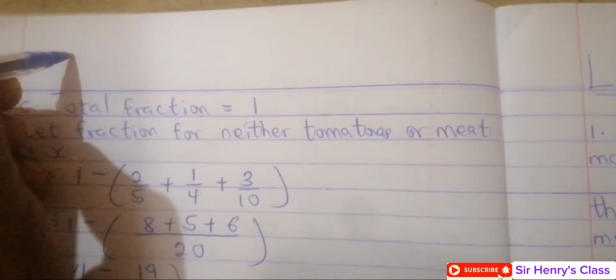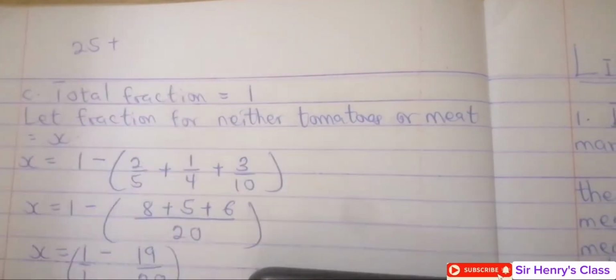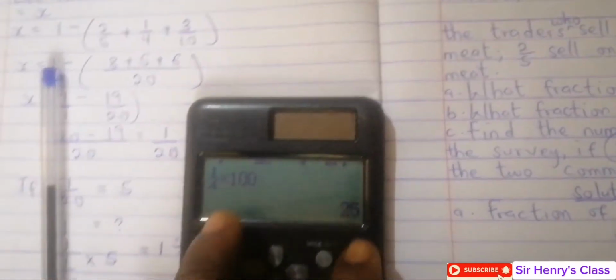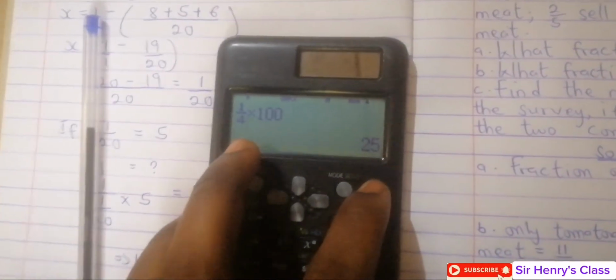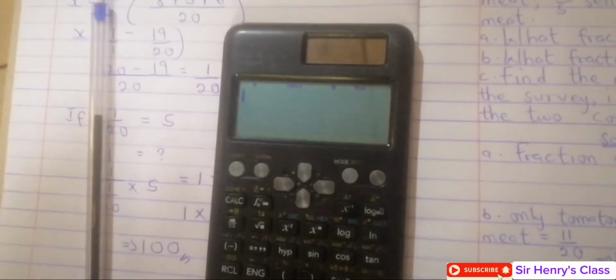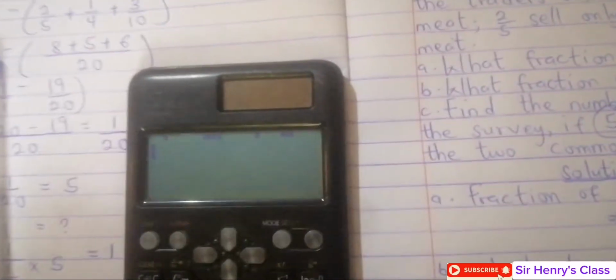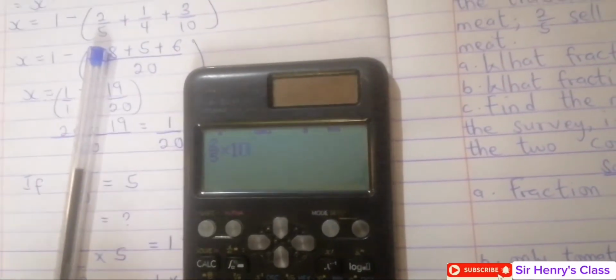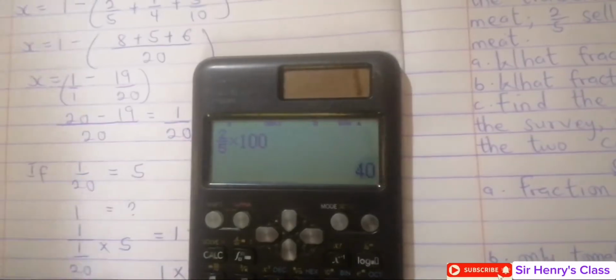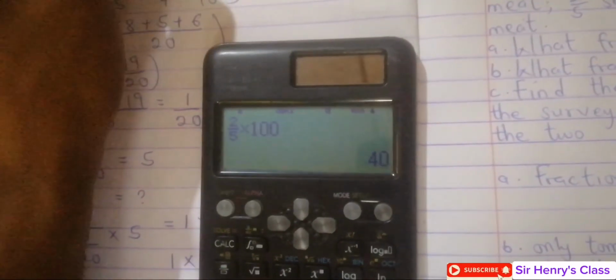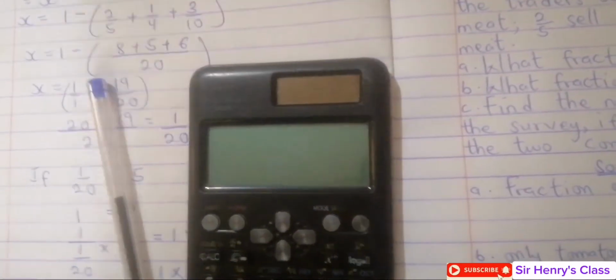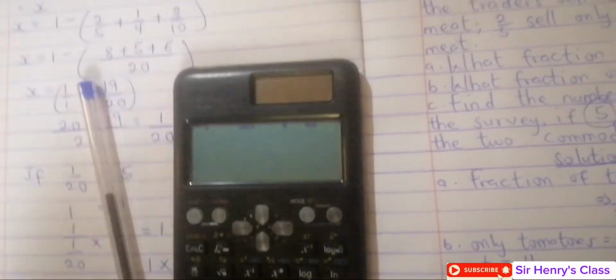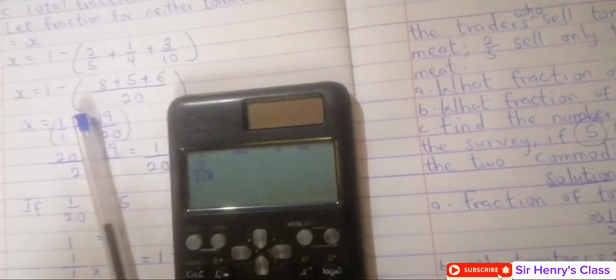So when we add up everything, we should get 100. Both tomatoes and meat, that's 25. Then we said 2 over 5 sell only tomatoes. That is 40. Then we said 3 over 10 sell only meat.